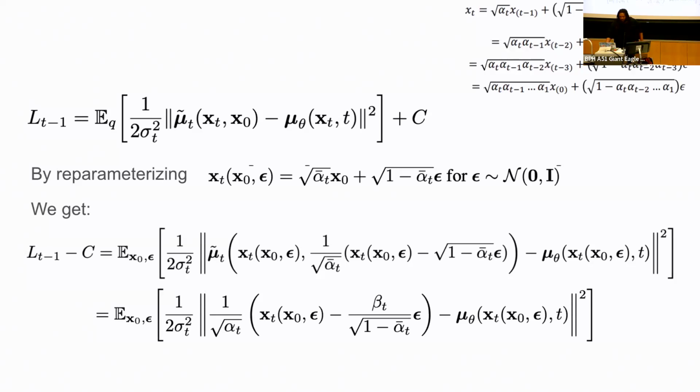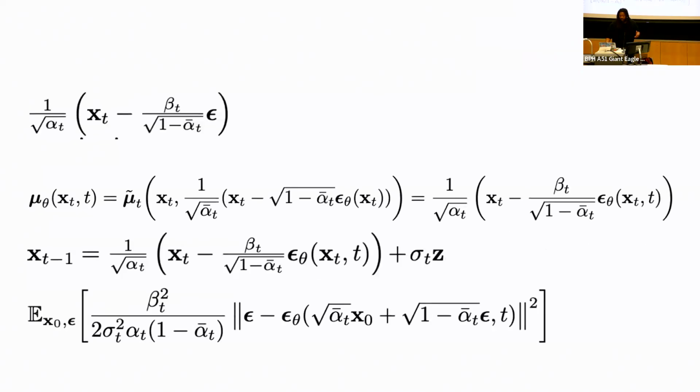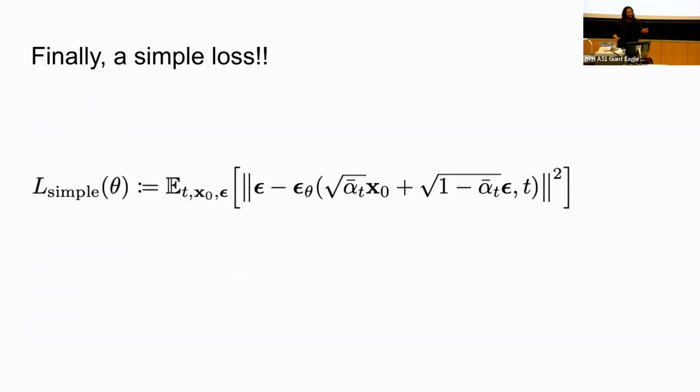By reparameterizing, we can come up with what seems like a more complicated bound for our expectation or loss function, but it's actually simpler. Given a lot of math, we finally come up with a simple loss that we can train our neural network on.